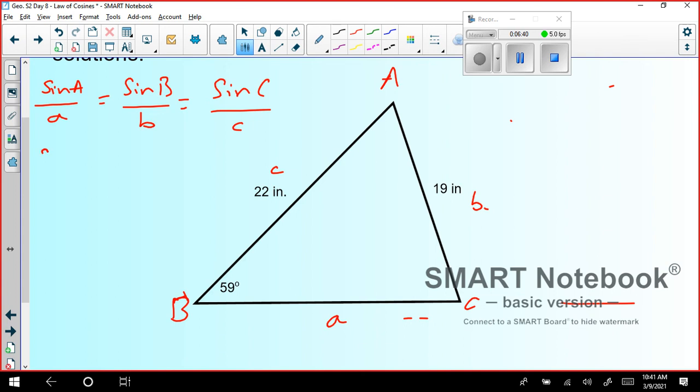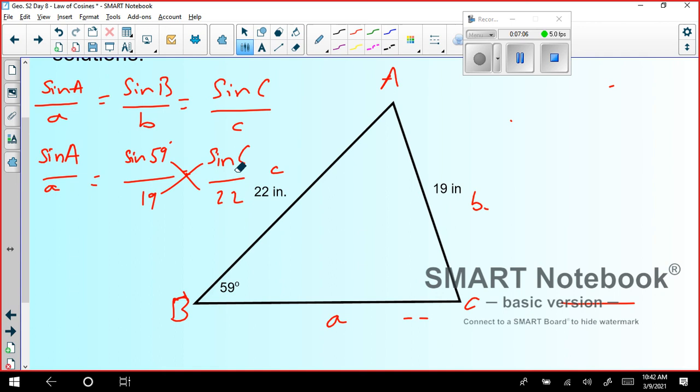I don't have angle A, so just put here sine A over small a. I have angle B, which is 59 degrees, and small b, which is 90. Capital C I don't have, so sine C over small c, which is 22. In this case, I can just start with these two.